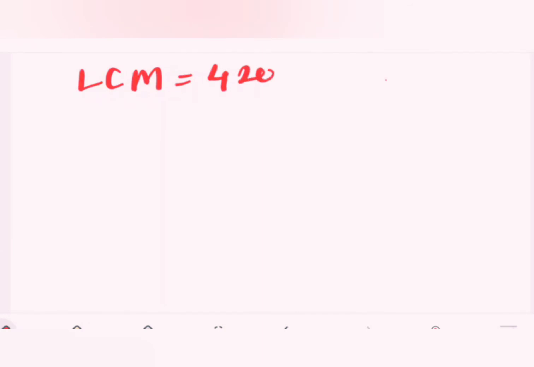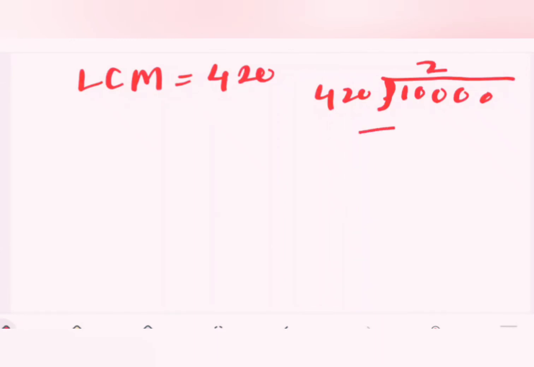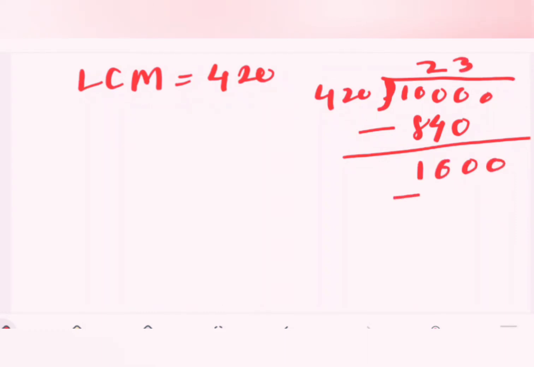Now we divide 10,000 by this LCM 420. So 420 twos are 840. 420 threes are 1260.